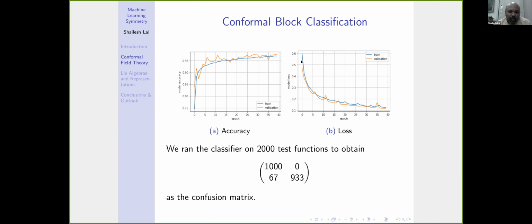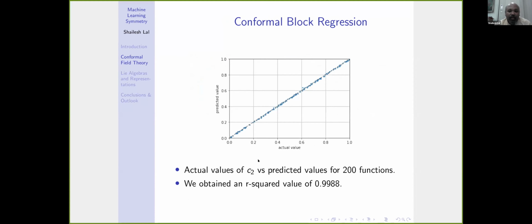So this is what the model accuracy and the model loss look like. Once you're confident that the model is training well and should generalize well, you can evaluate it on test functions and you get this confusion matrix. Again, you can see that most of the functions are classified correctly.